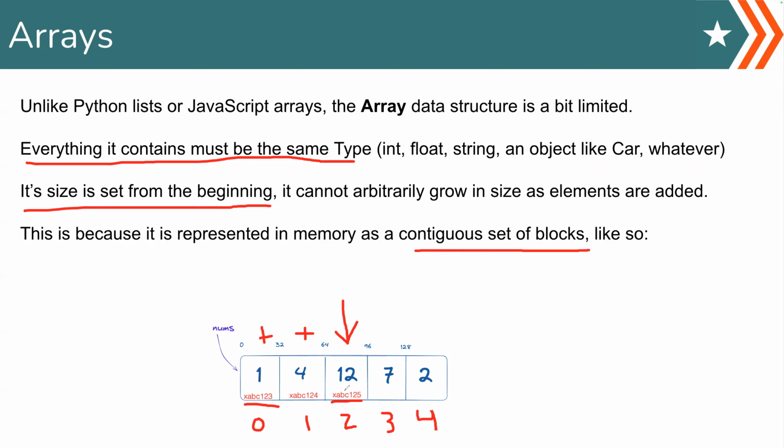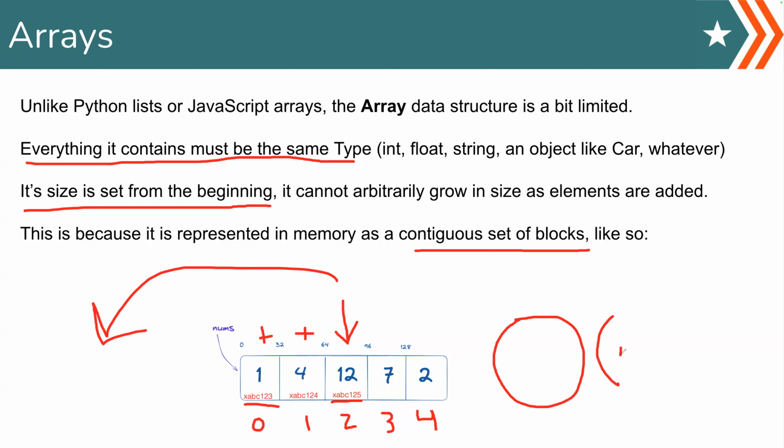Okay, that's your element in the array at index 2. I was about to say the second element, which is not correct. And then the computer can send that information back. And this is a constant time operation.